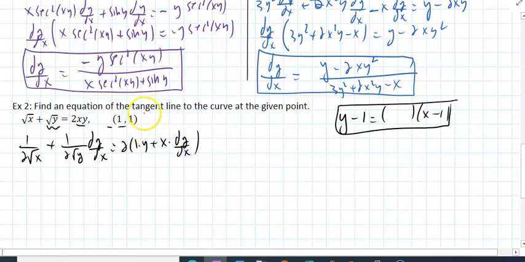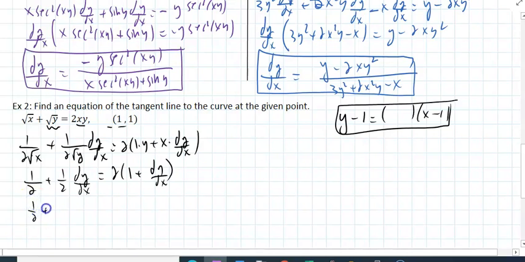Now I could clean it up, but if x is 1 and y is 1, plug 1 for x, that's 1/2, plug 1 for y. Much easier to deal with numbers. So clear the parentheses out. Actually, if I clear the fractions altogether, LCD is 2.